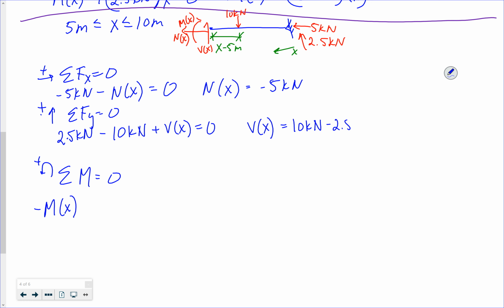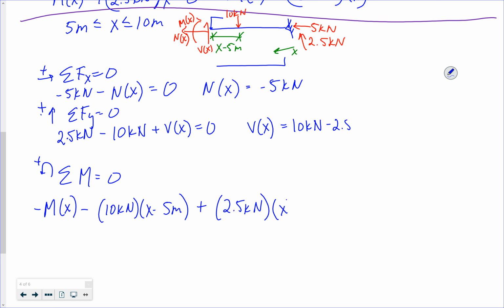I've got 10 kilonewtons acting at x minus 5, and it's counterclockwise, so it's negative. But I've got my 2.5 kilonewtons acting counterclockwise, so it's positive at a distance of x. I get to ignore that 5 kilonewtons.